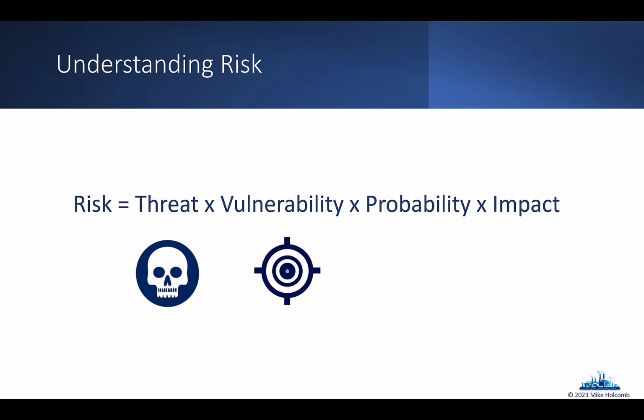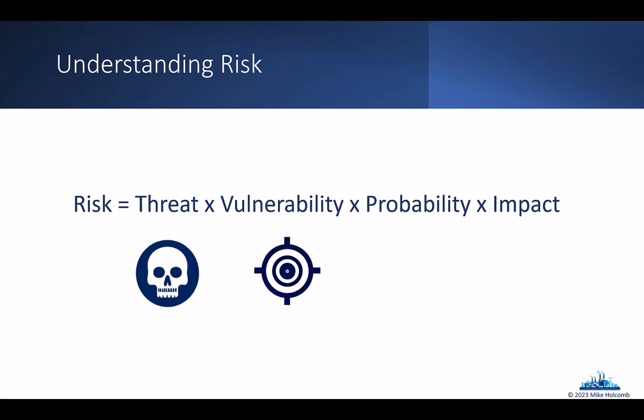Now, the one thing we hadn't talked about yet was, well, what's the probability of this happening? Like, what's the chance that a nation state attacker is going to be able to break into the IT environment to then move into the OT environment to take control over all of those assets to the degree that they're able to reverse engineer our proprietary formula?